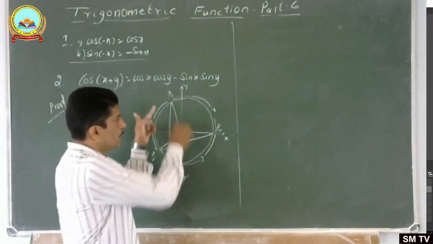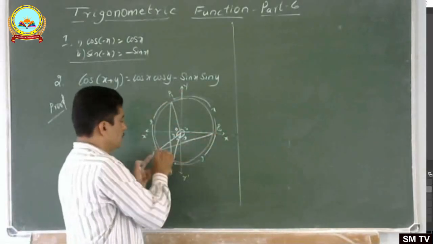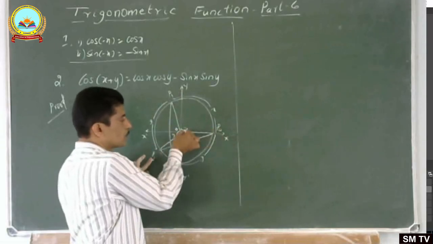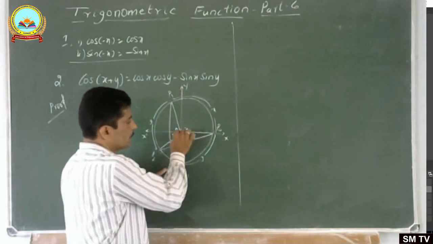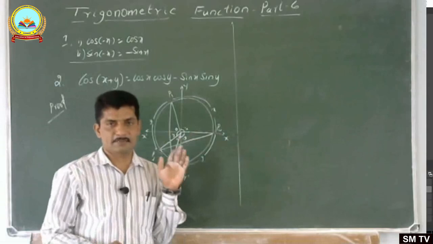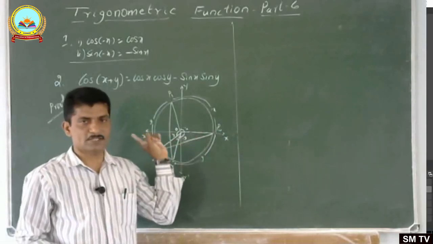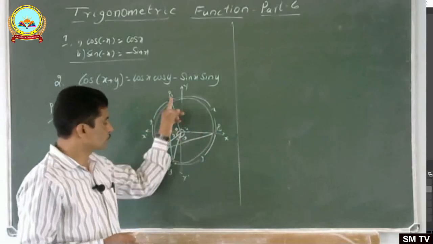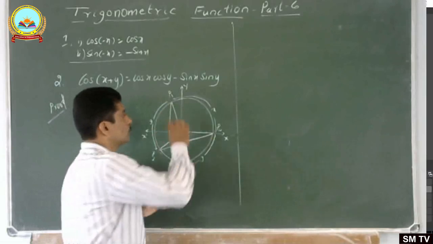Then the angle P1OP4 is equal to x radian, P2OP4 is equal to x plus y radian, and P3OP4 is equal to minus y radian, because this one is minus y in the clockwise direction. Then joining P1P3 and P2P4, you get the two triangles.